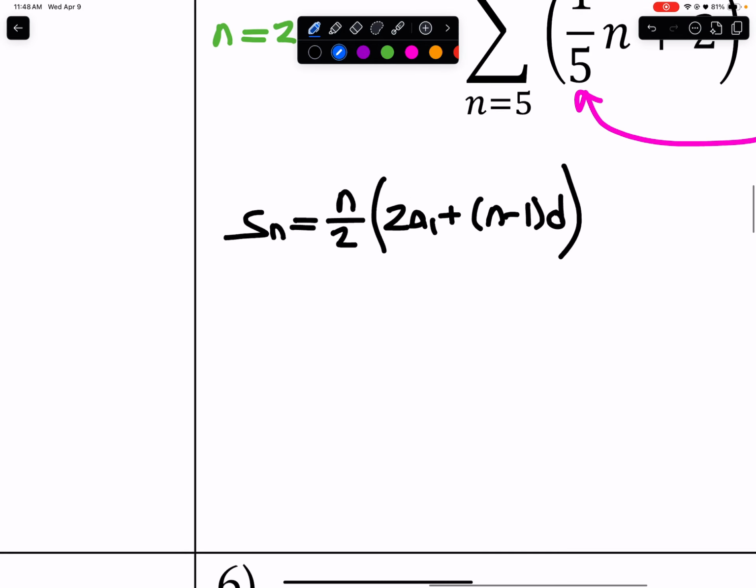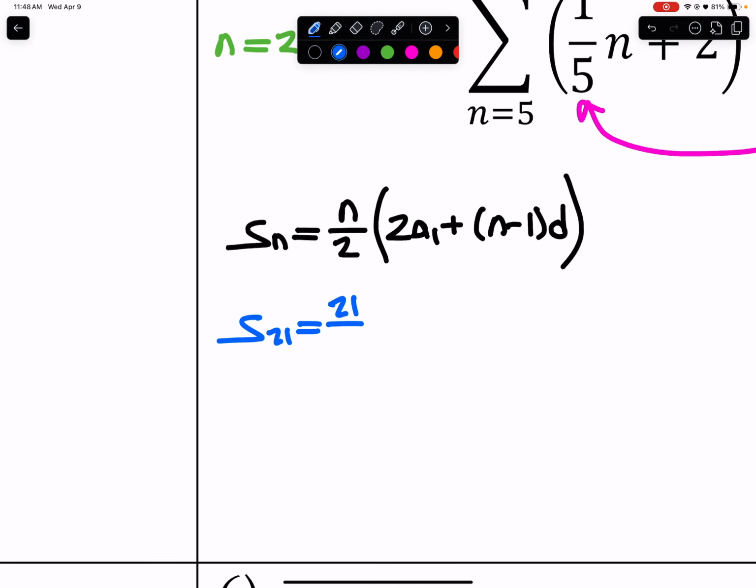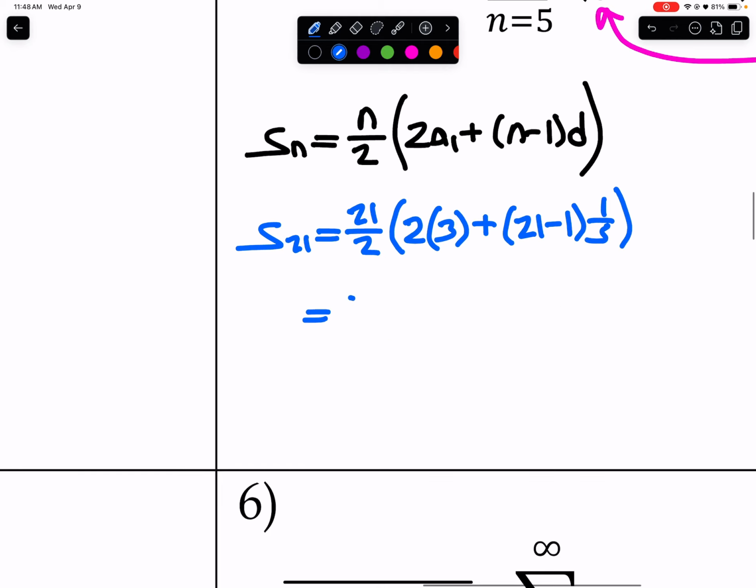So when I plug in, we're going to find the sum of 21 terms, which is going to be 21 divided by 2, 2 times the value of the first term in this series, which will be 3, plus n minus 1, well, we have 21 terms, so we're going to subtract 1, and then your common difference, which is that 1/5. So now we're going to crunch these numbers.